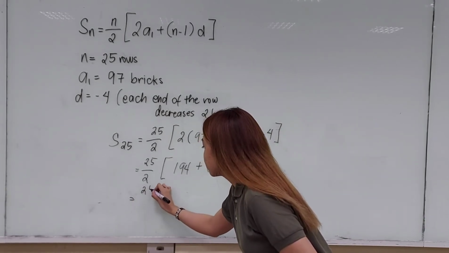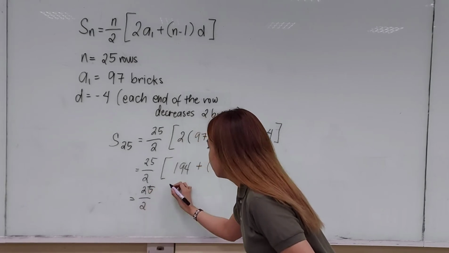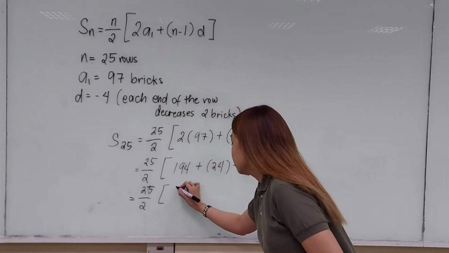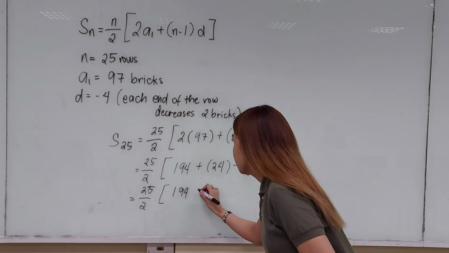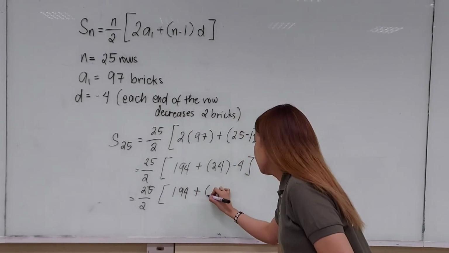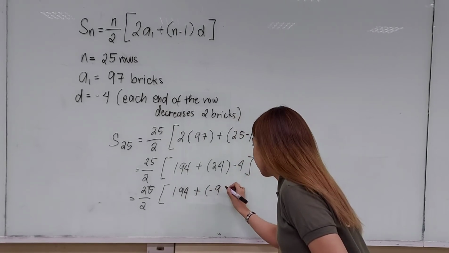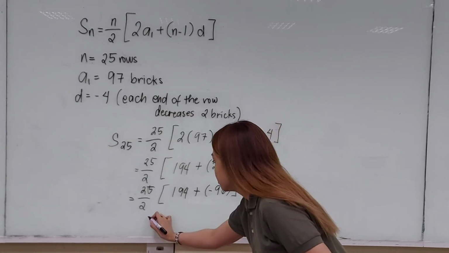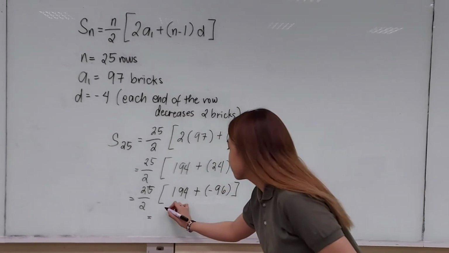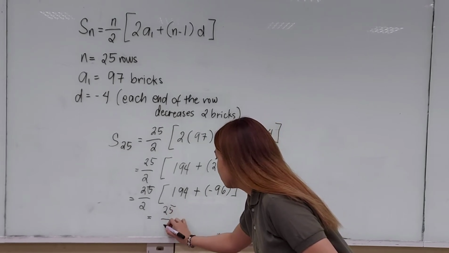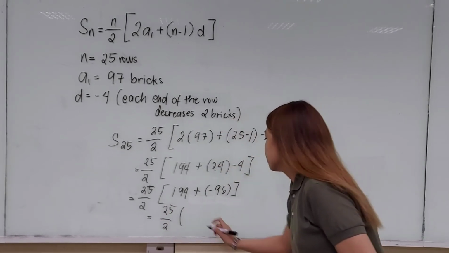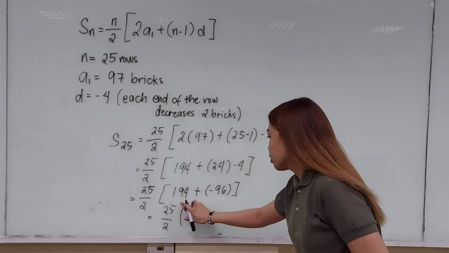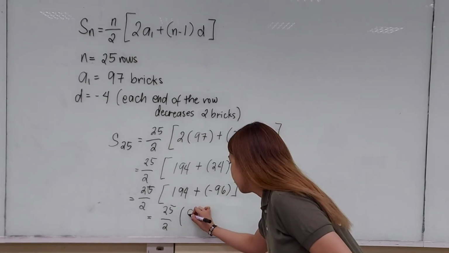Next, 25 over 2 times 194 plus -96. 194 minus 96 is 98.